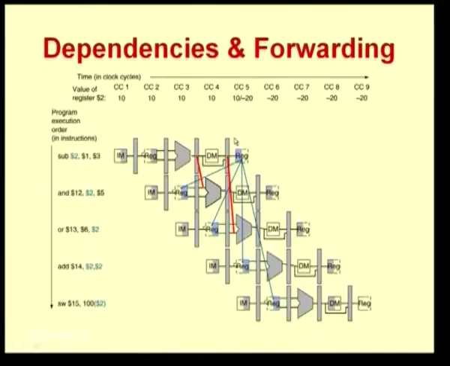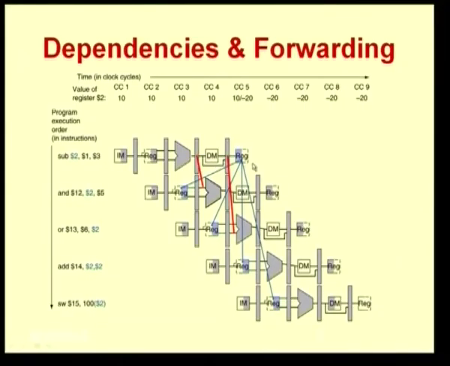So, look at this sequence again now. As the sequence of instructions flows through the pipeline, this is what you are going to find. You have the sub instruction coming in clock cycle 1 in the IF stage. Remember our 5 stages: IF, ID, EXE, memory access, and then the register write. In the instruction fetch stage, instruction memory is accessed.